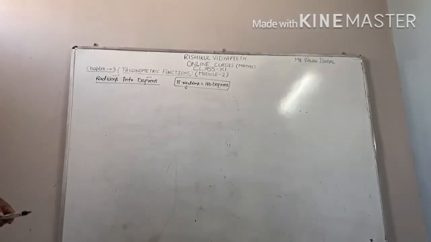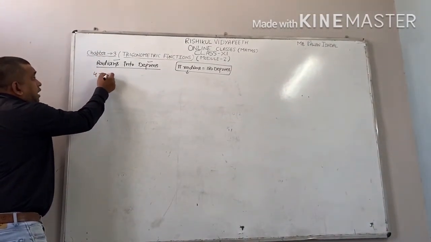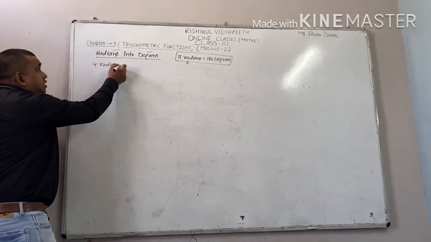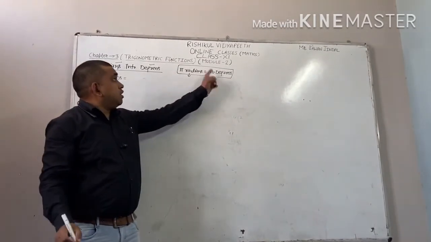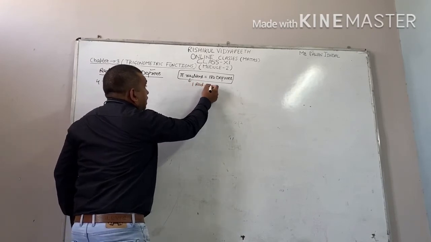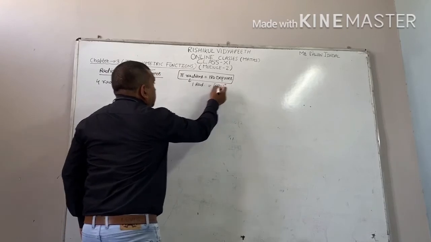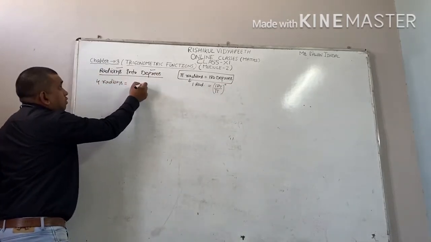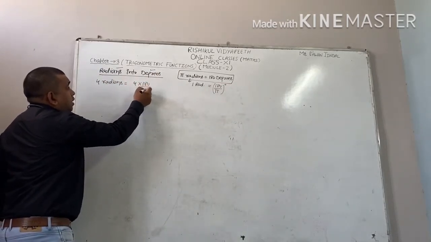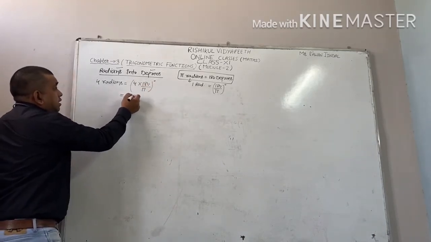See, now I am going to convert 4 radians into degrees. See carefully. We know that pi radian equal to 180 degrees. Therefore, 1 radian equal to 180 upon pi degrees. Therefore, 4 radian equal to 4 into 180 upon pi degrees. Put value of pi.